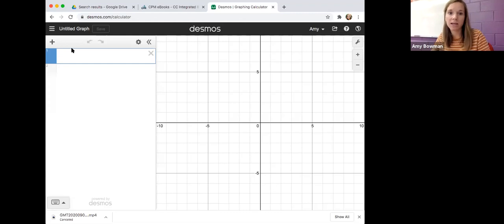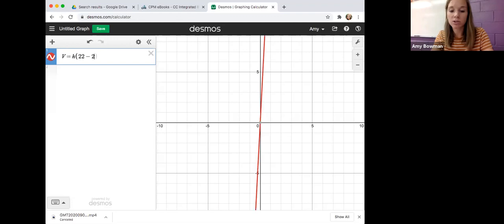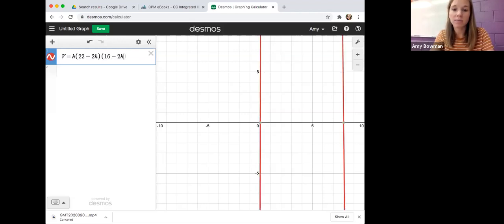Okay, I've got my handy dandy Desmos graphing calculator, and I'm going to graph volume. I can use V if I want. Desmos doesn't care. So we had H times (22 minus 2H), you can see this forming before our eyes, times (16 minus 2H). This will calculate our volume.